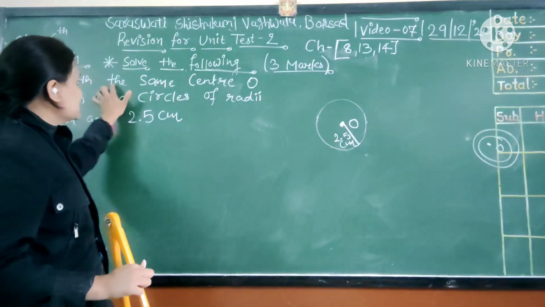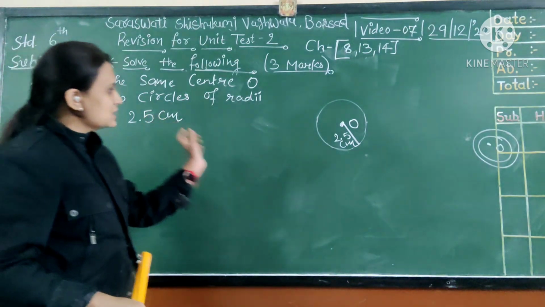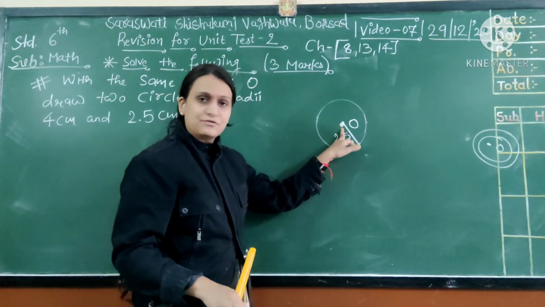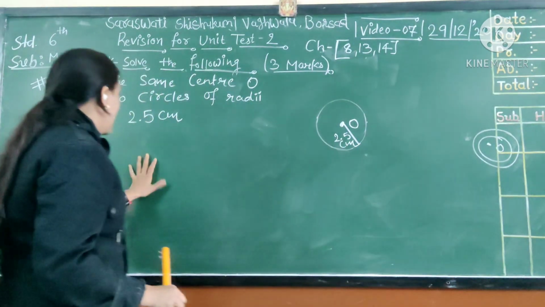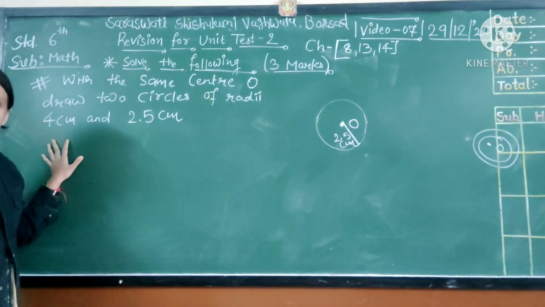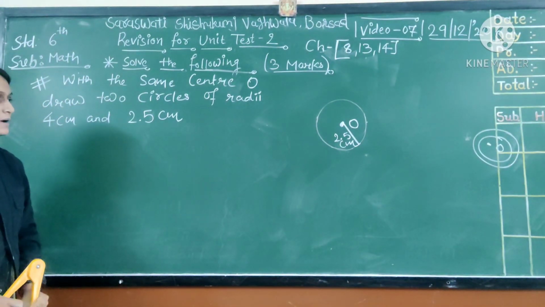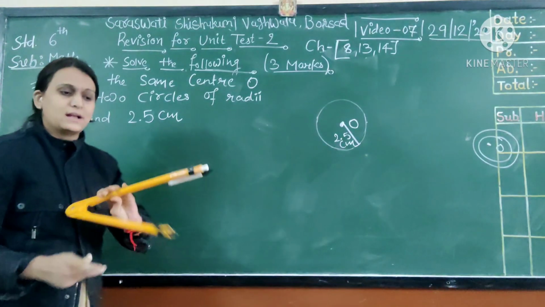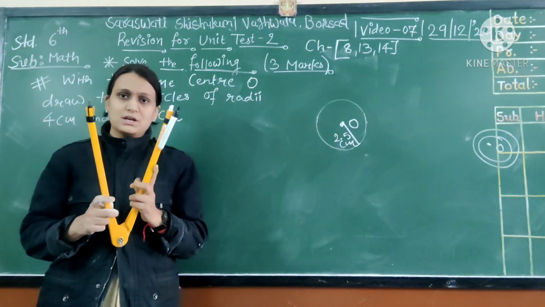See, the question is that with the same center O, means again to draw another circle we have to use the same center O and we have to take a measurement of 4 cm. Now again with the help of scale and compass, you have to take a measurement of 4 cm.